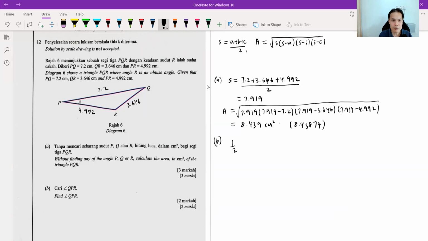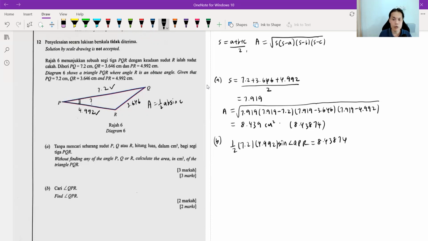So I'm going to use half ab sine C. Remember, the formula for the area of a triangle is half ab sine C, where a and b will be these two sides, and C will be the angle in between. In fact, you're finding the angle in between here. So let's take 7.2, 4.992, sine of angle QPR. This is 8.43874 if you want.